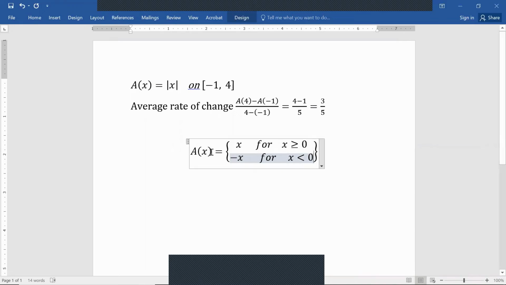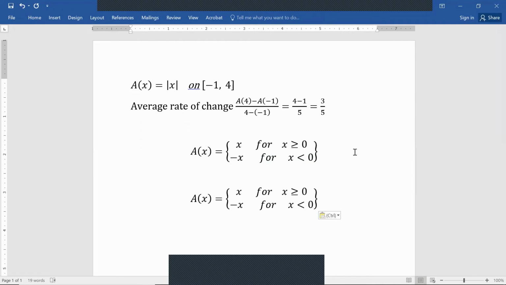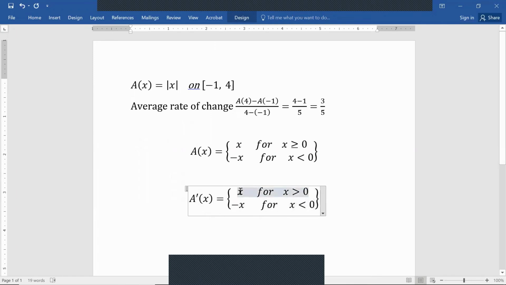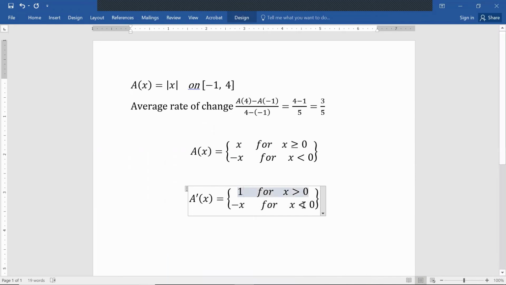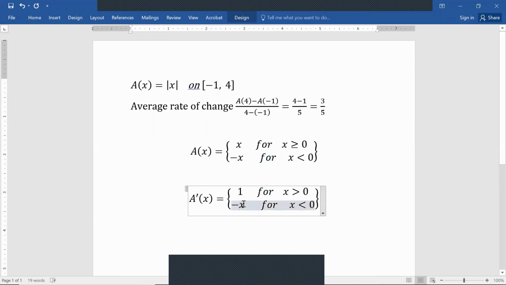If I take the derivative of this piecewise defined function, we can say, well, when x is greater than 0, the derivative of x is just 1. When x is less than 0, the derivative of -x is -1.